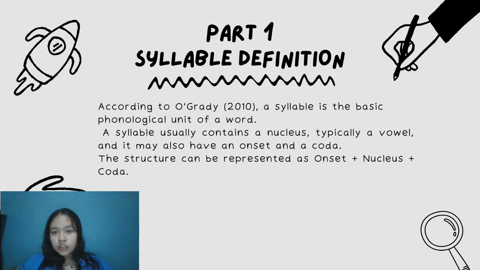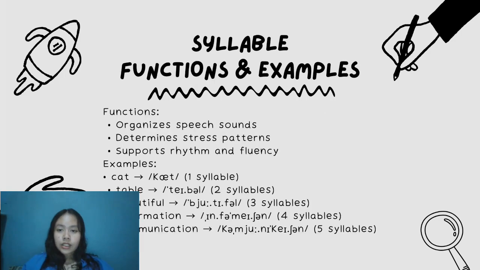The structure of a syllable can be represented as onset plus nucleus plus coda. Syllables function to organize speech sounds, determine stress patterns, and support rhythm and fluency in spoken language. This explanation is based on O'Grady, Contemporary Linguistics.